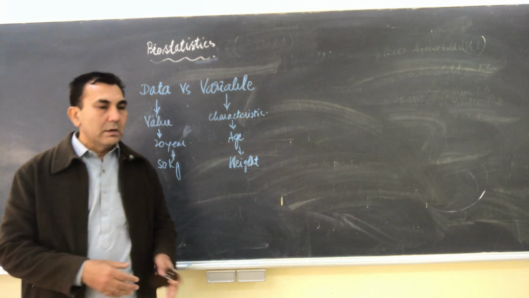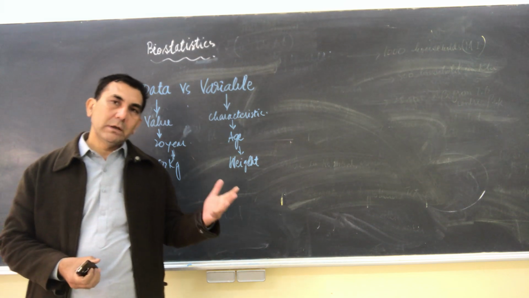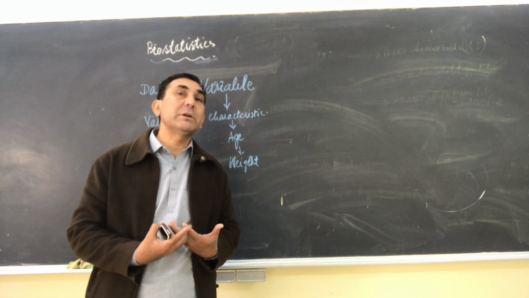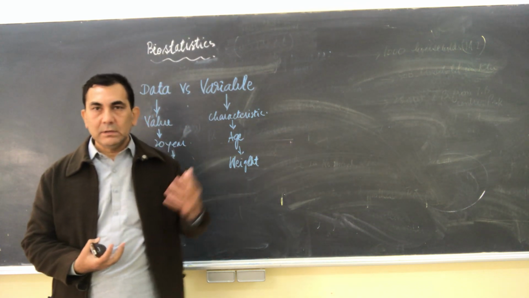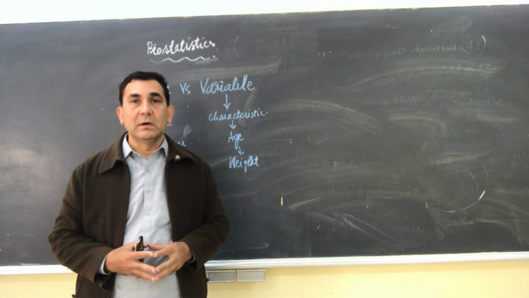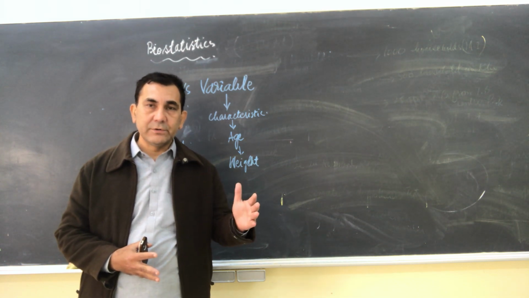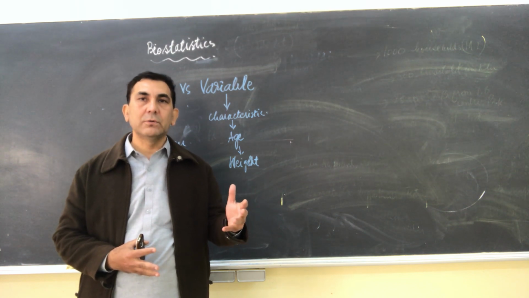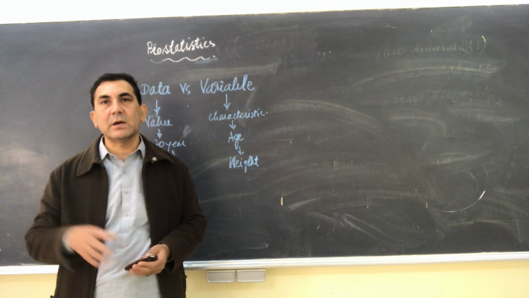The other one, except the observational study, is the experimental study design. In the experimental study design, you collect the sample size and you assign some protocol, treatment, surgical procedure, or herbal remedies to the treatment group, and you also select a control group.